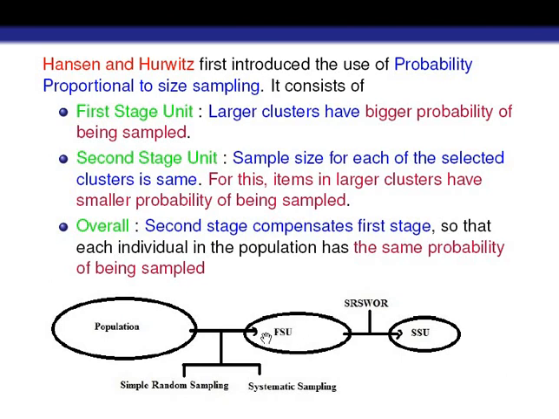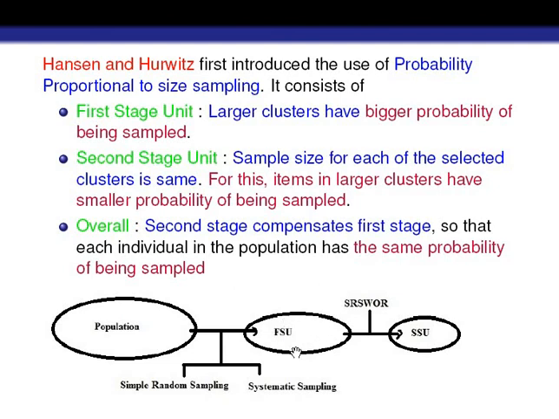After that we do not consider every individual within the cluster for our sample. Instead, we draw some individuals from each selected cluster using simple random sampling without replacement, as our secondary sampling unit. This is the process we followed in simple two-stage sampling.